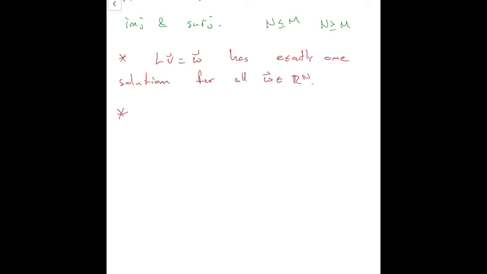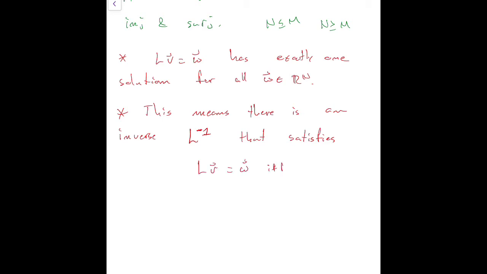Okay, so this means that we can define an inverse transformation. There is an inverse, denoted L inverse, or L to the power of minus 1, that satisfies the following fact: LV equals W if and only if V is equal to L inverse W. Basically, L to the power of minus 1 is just a symbol.